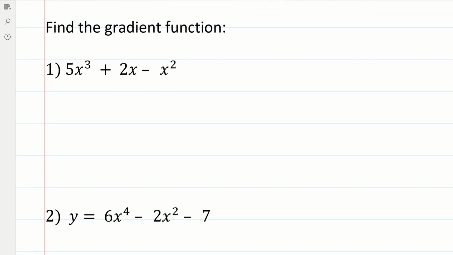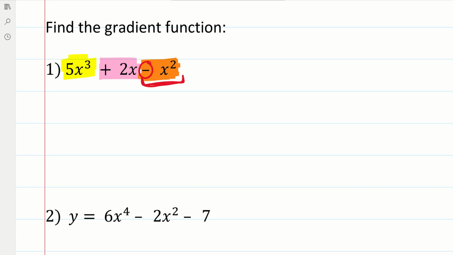Okay. And again, find the gradient function, differentiate. And to differentiate, you would differentiate each term separately. So I would differentiate each term separately, and remember that the sign goes before each term.